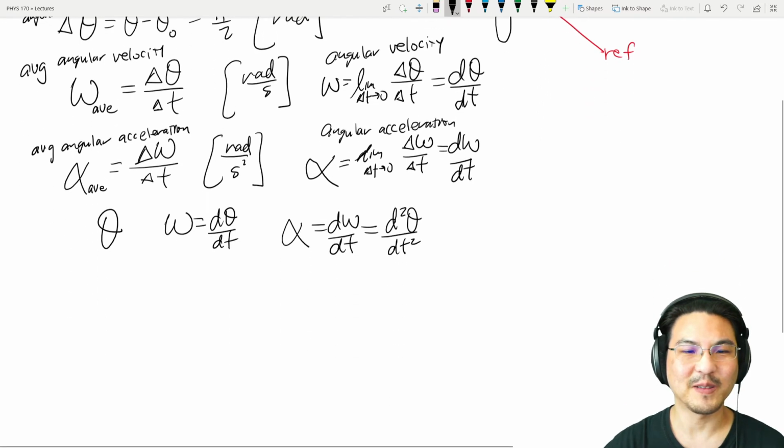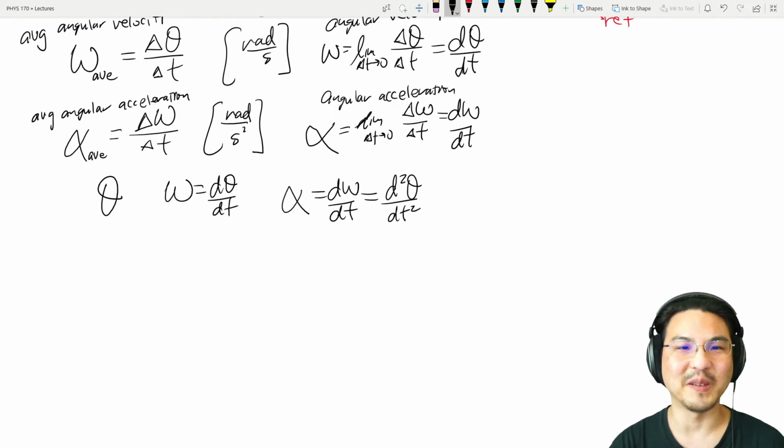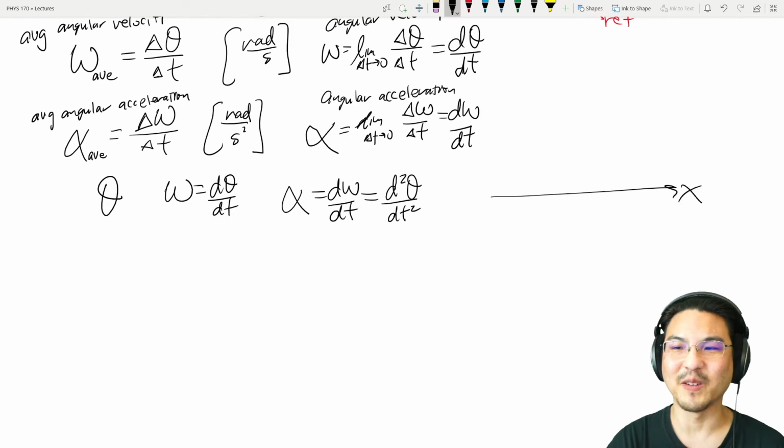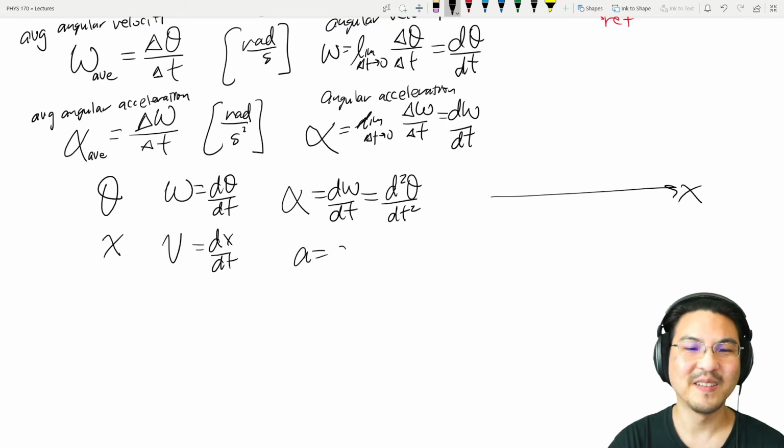Okay, so if this looks super familiar, this is basically the angular version of things that move linearly. Like if something is moving linearly in the x direction, this could be position x, velocity, dx dt, acceleration, dv dt, which is also the second derivative of position.